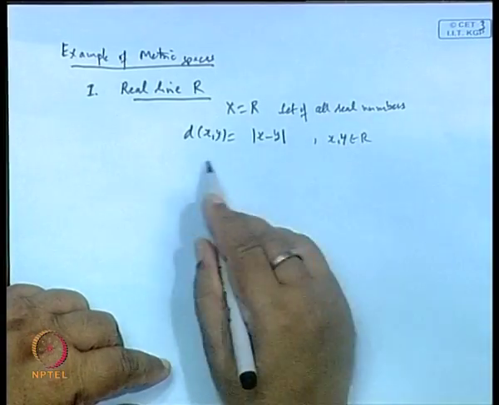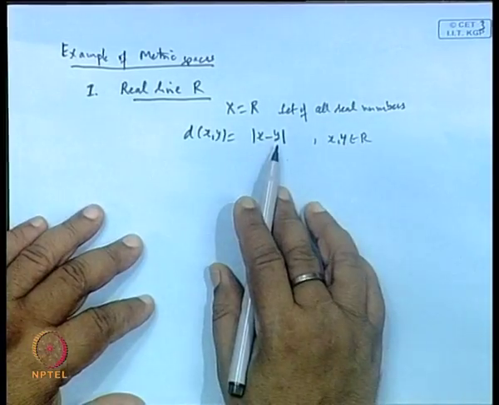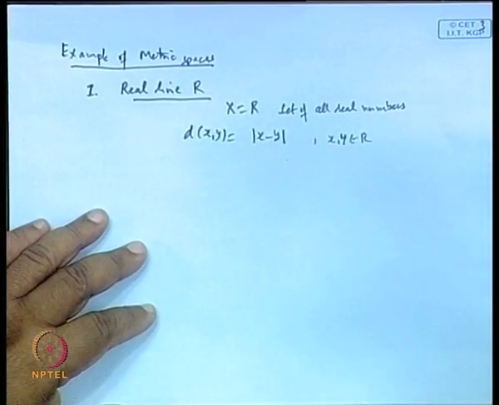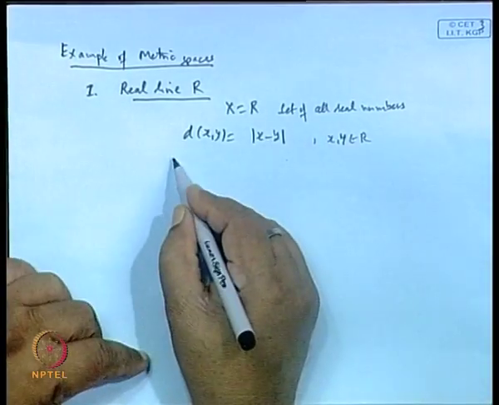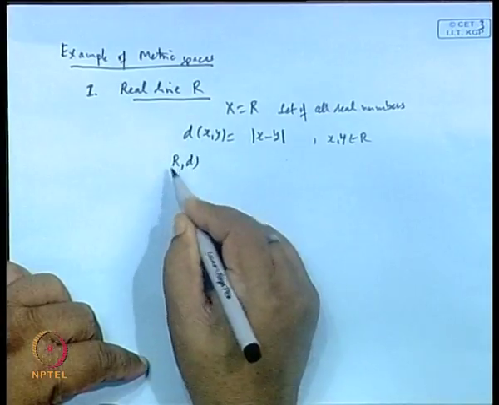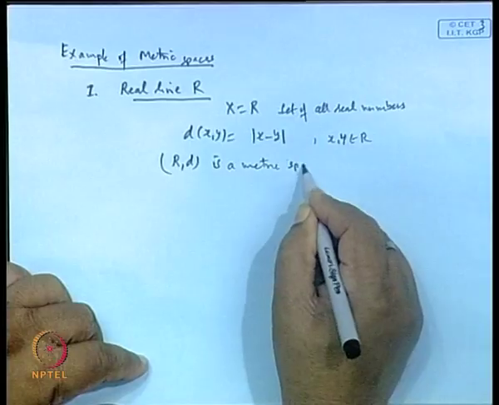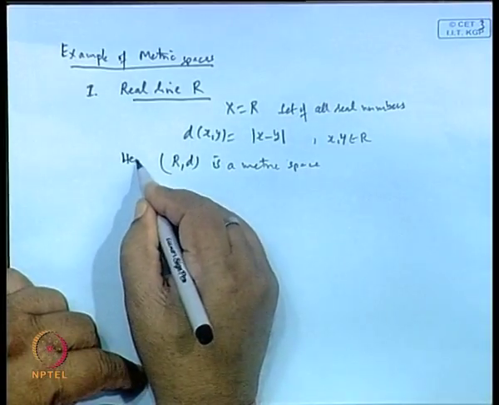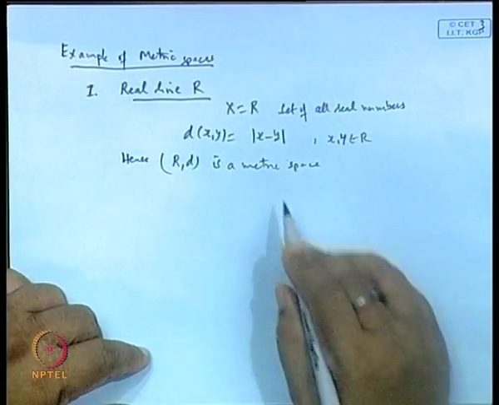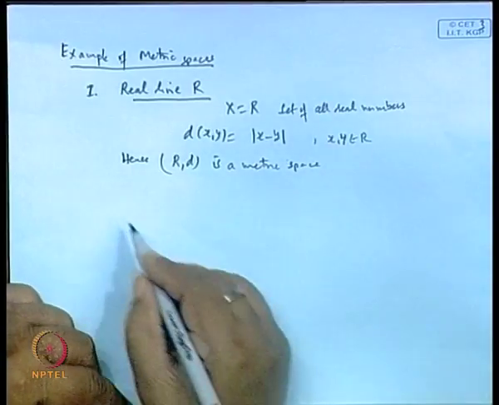Then, as we have seen earlier also, this satisfies all the 4 conditions of the metric space, hence R under this d metric is a metric space. It is easy to prove, okay, because this we already discussed.